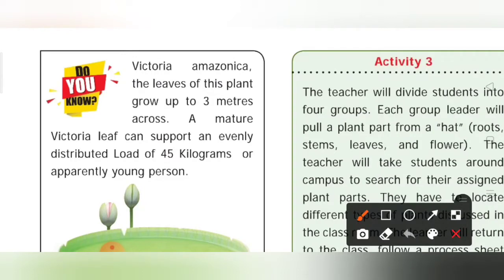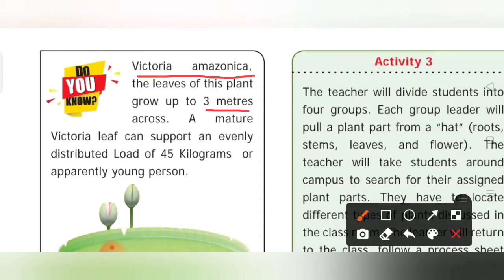What is it? It is about a leaf called Victoria Amazonica. The leaves of this plant grow up to 3 meters across, which means the width of the leaf is 3 meters.